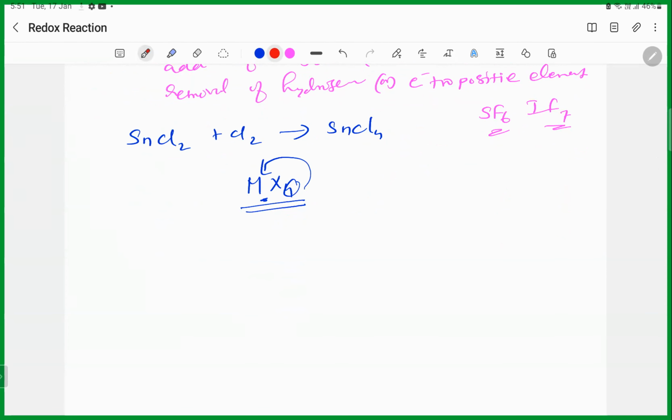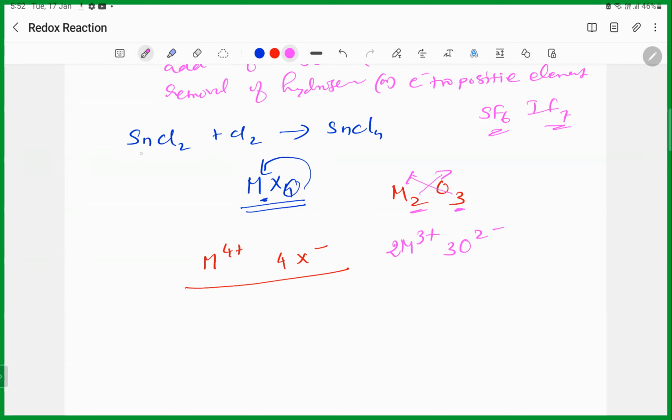The metal becomes 4+ and X becomes minus. Suppose M2O3: M becomes 3+ and O becomes 2-. 2M3+ and 3 O2-. The number of metal atoms becomes the superscript of the other element involved in the bonding. This is known as the Criss-Cross method.